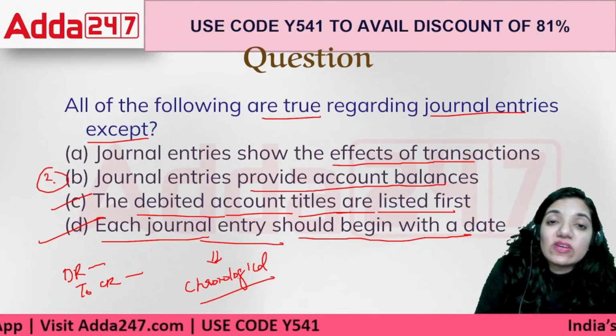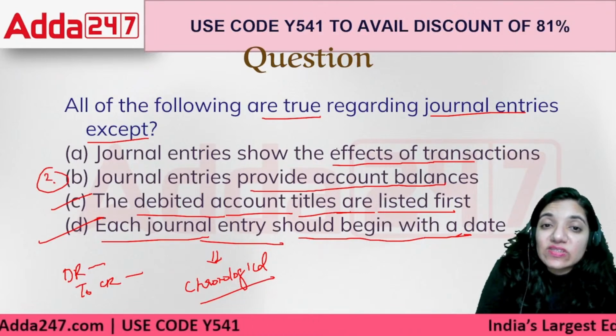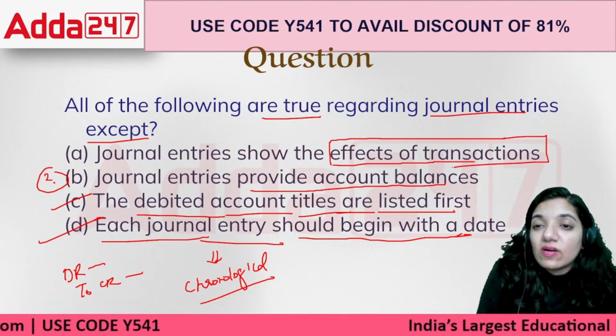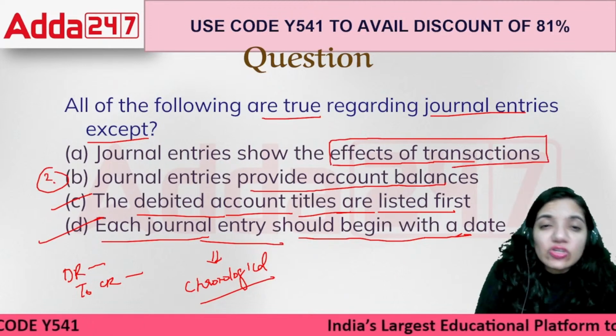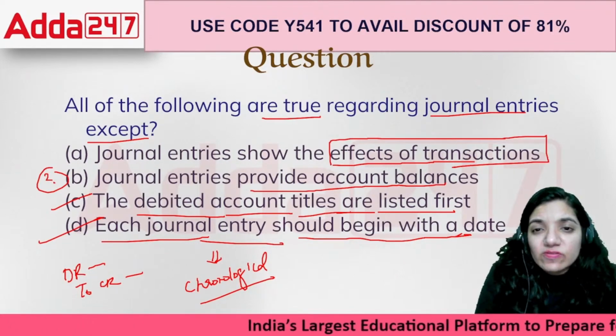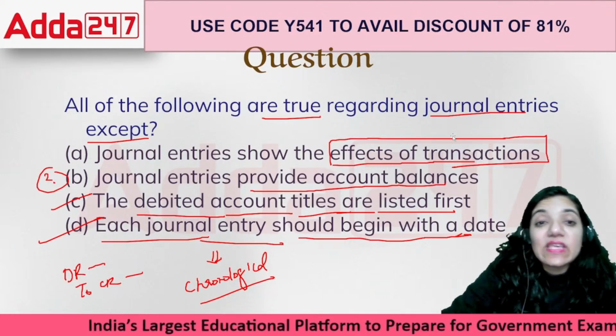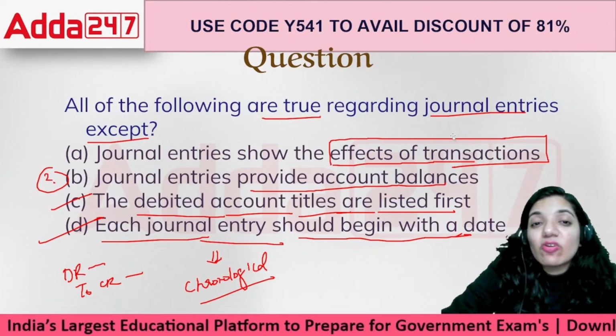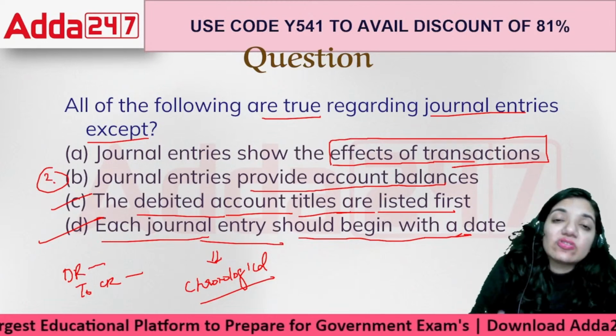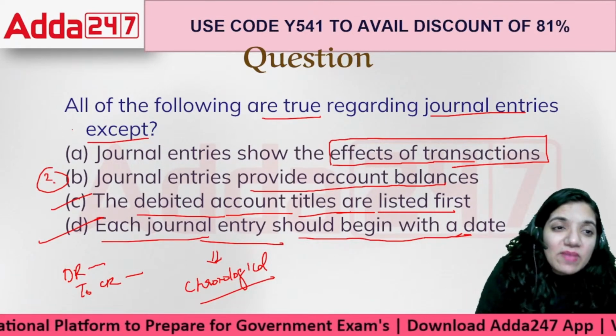And the last is, journal entries show the effects of the transactions. The journal entries also show the effect of the transactions, but they cannot specify the final result. This one still makes sense.